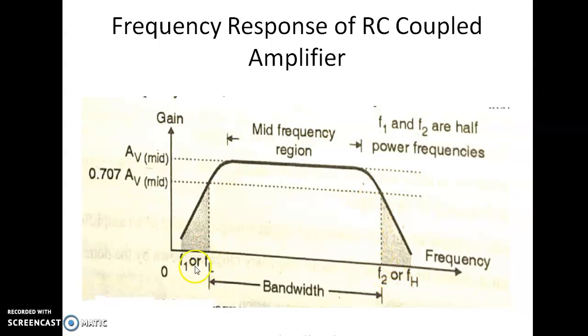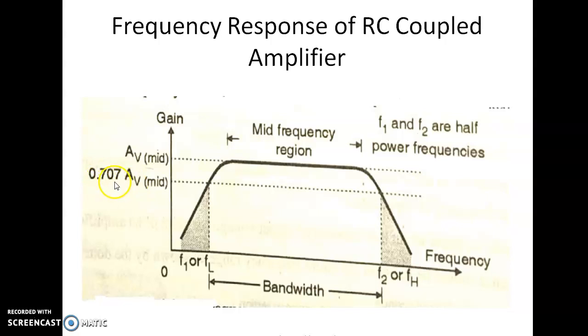the upper cutoff frequency. F1 is represented by FL, F2 by FH, and this is the bandwidth. So it is a band of frequency. It is the difference between the upper frequency minus the lower frequency, F2 minus F1 or FH minus FL. And in the low frequency region, the voltage gain goes on increasing.